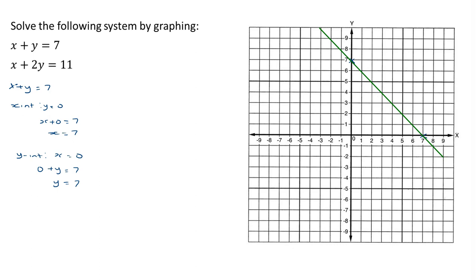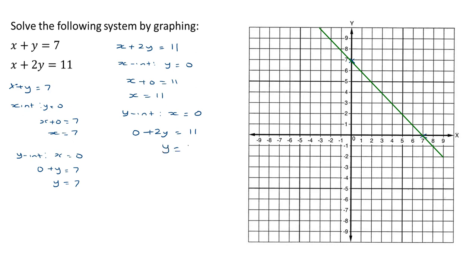Now we're going to look at x plus 2y equal to 11. Let's try the x-intercept. This is y equal to 0. So x plus 0 equal to 11. So x is equal to 11. And then the y-intercept, x equal to 0. So 0 plus 2y equal to 11.